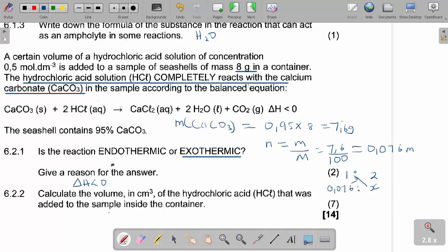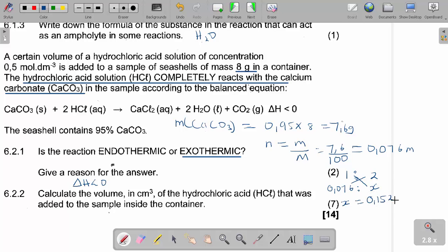X times 1 gives X, so X is equal to 2 times 0.076. What do you get? We get 0.152.